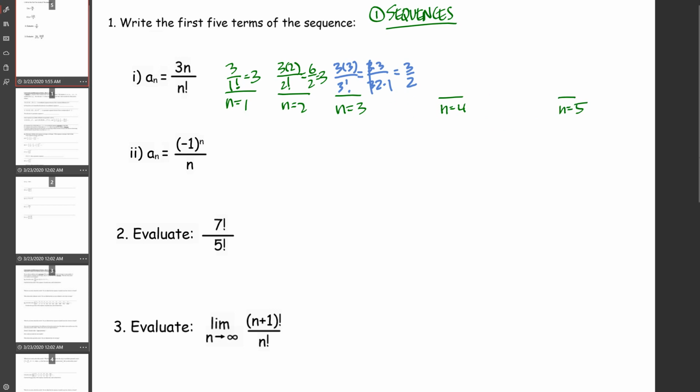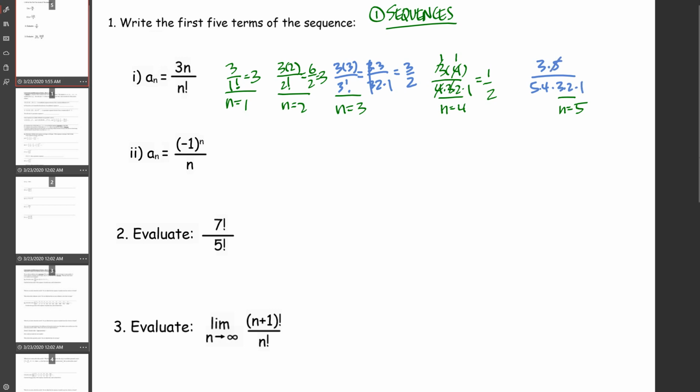For the n equals 4 blank, let's go ahead and put in 4 for the n. So this would be 3 times 4 over 4 factorial, but 4 factorial is 4 times 3 times 2 times 1. The 4's cancel out to 1, the 3's cancel out to 1, so what I have here is 1 over 2. And then finally, when n is equal to 5, what I have is 3 times 5 over 5 factorial, but 5 factorial is 5 times 4 times 3 times 2 times 1.